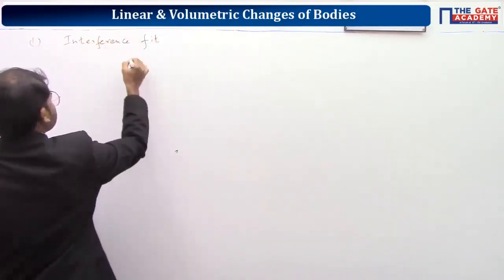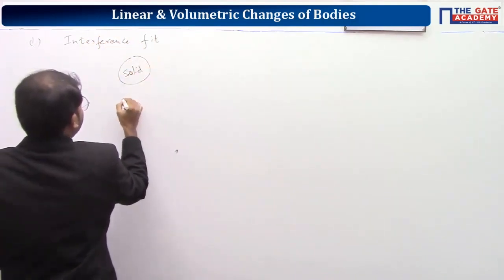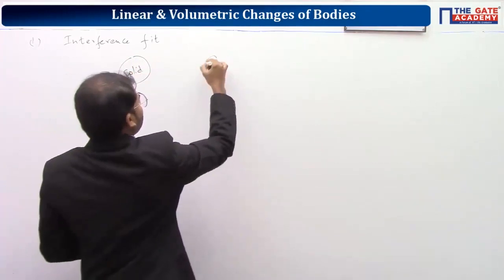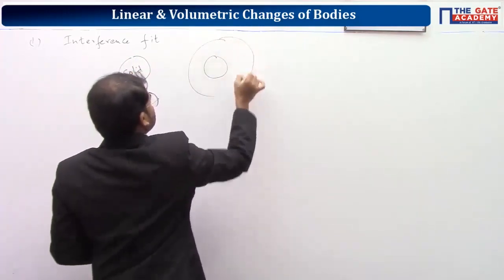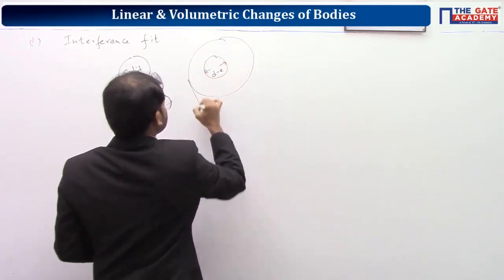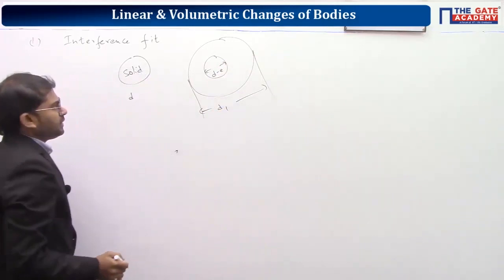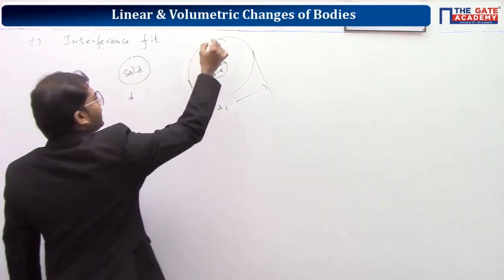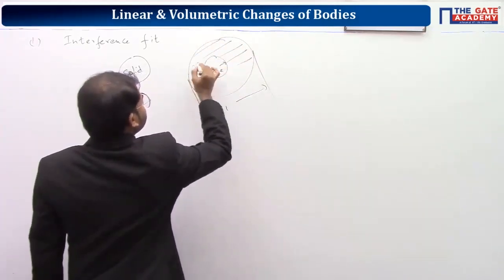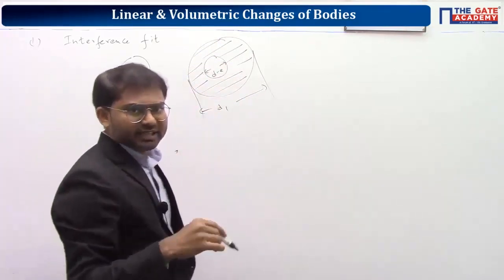What we do is take the solid shaft of diameter D and take this hollow shaft of diameter D minus E inside, and this is something D1 here. So there is material in this region from D minus E to D.